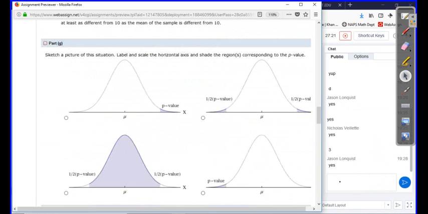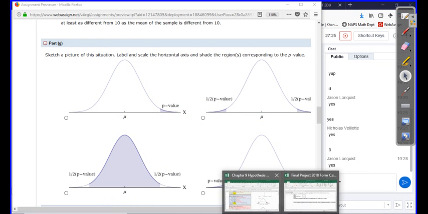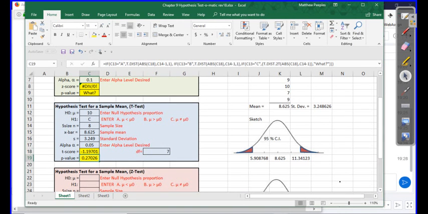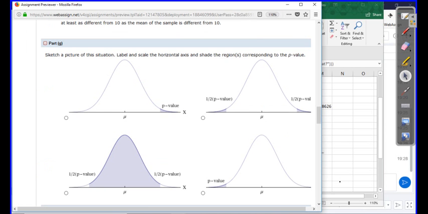All right, let's sketch a picture. Well, nice thing about my hypothesis Test-o-matic is, hey, look, we've got a sketched picture right here. This is our 95% confidence level interval that we've just given, and our degrees of freedom is 7. So we're looking for a p-value, and we're saying, well, which picture represents our p-value?